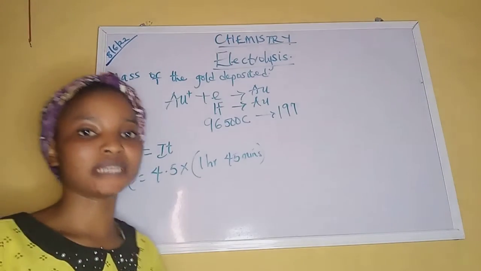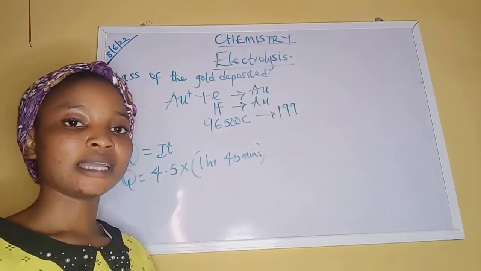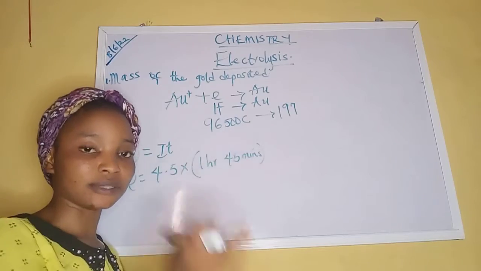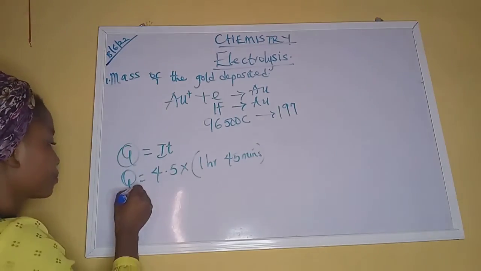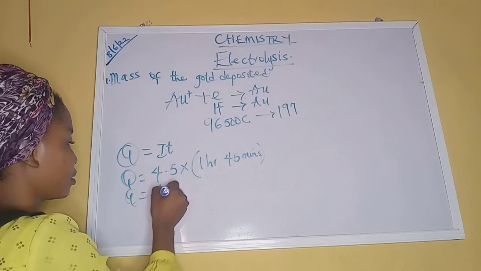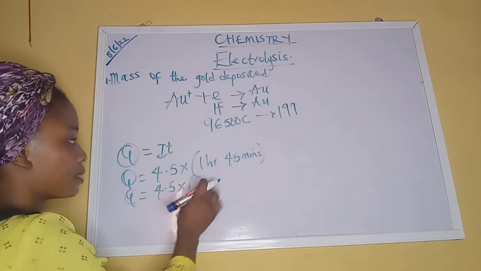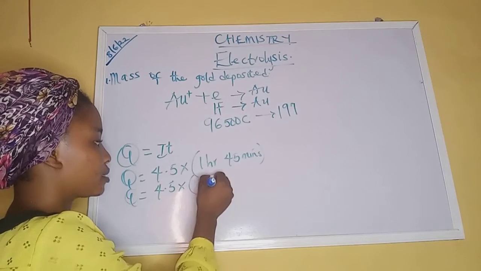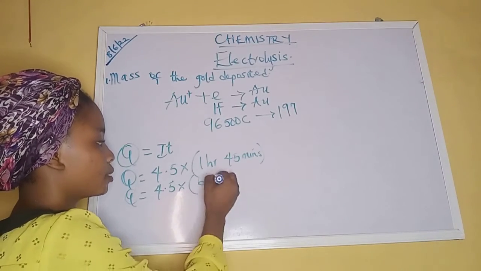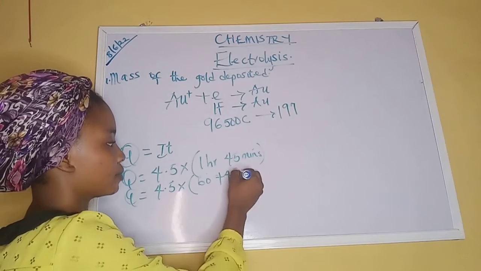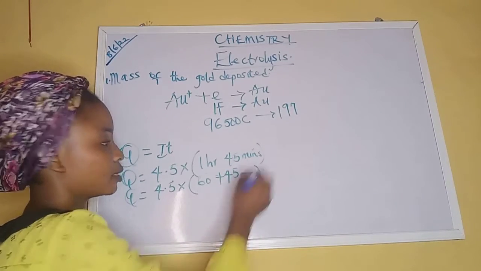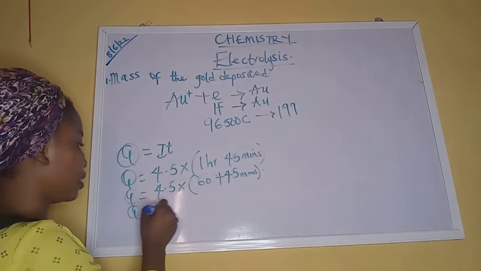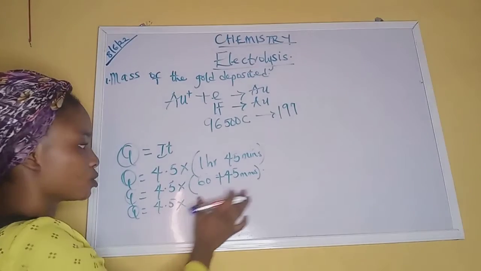The standard unit of time is always seconds, and that leads us to converting 1 hour 45 minutes to seconds. How do we go about that? This gives us 4.5. If I convert 1 hour to minutes, I have 60 minutes plus 45 minutes. This is still in minutes, so I change again to seconds.